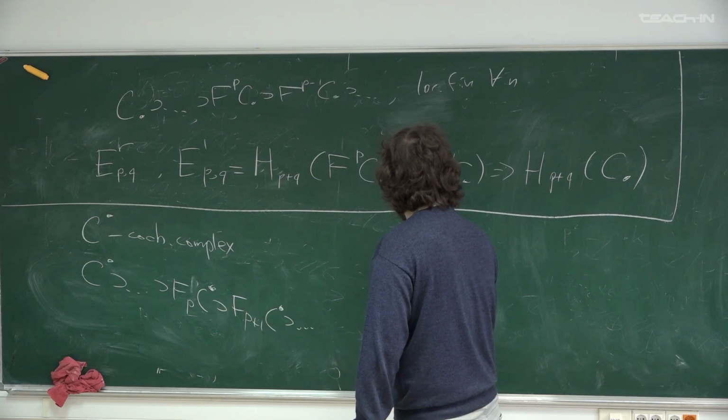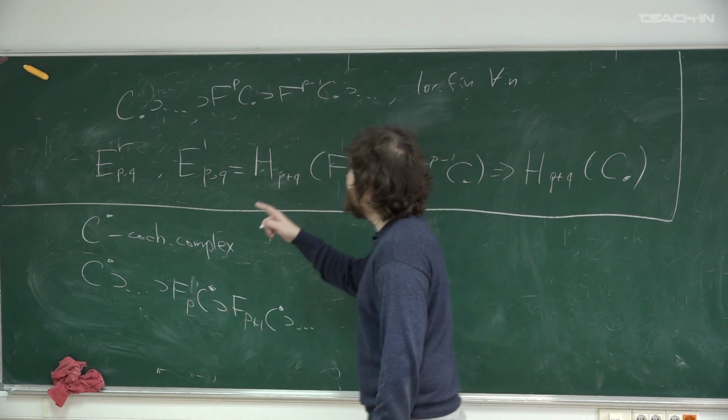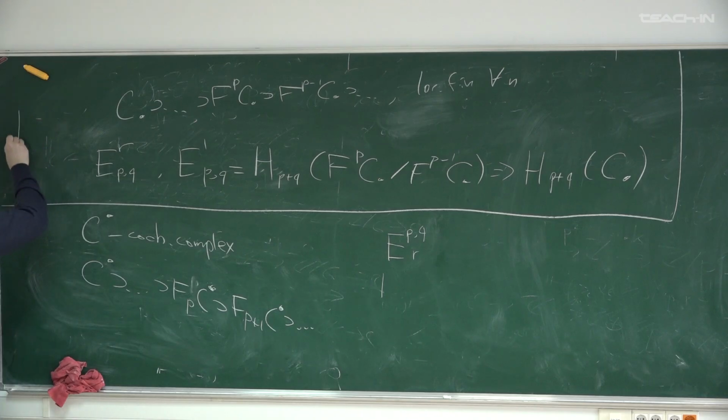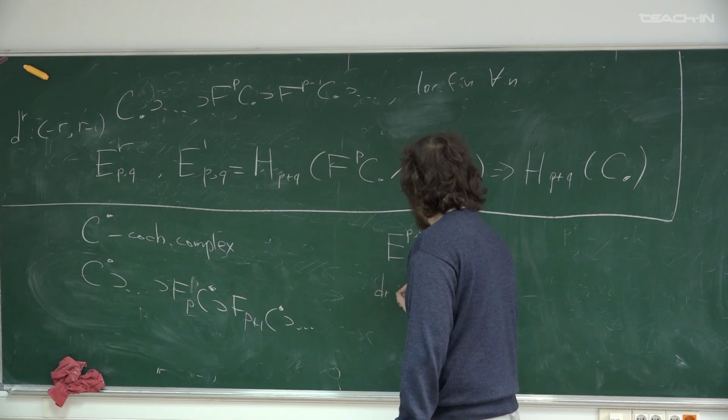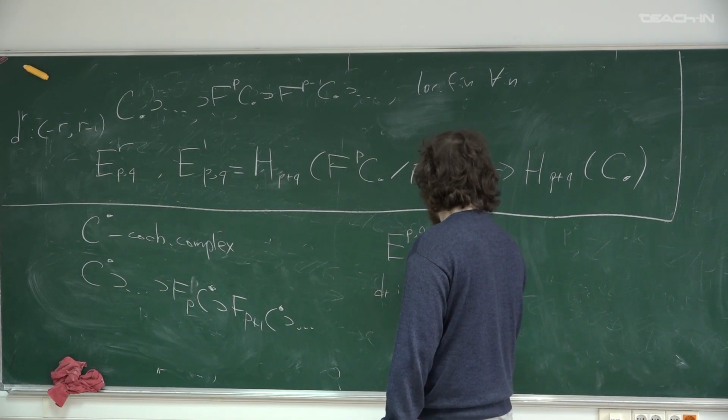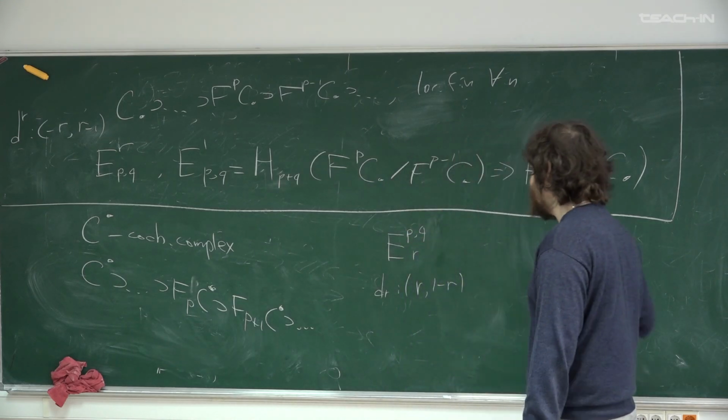This means that the r-th differential has bidegree (r, minus r minus 1). And homological type spectral sequence means that the differential has degree (minus r, r minus 1) in the opposite direction.